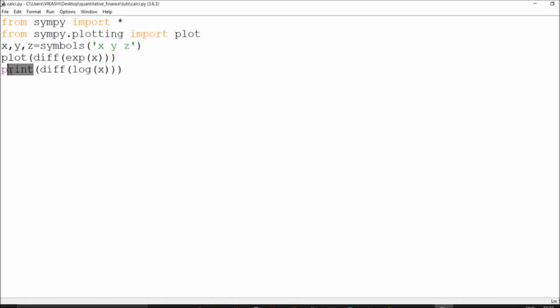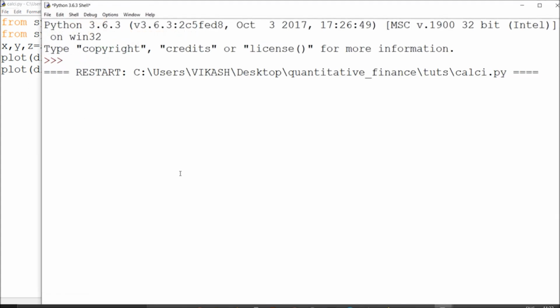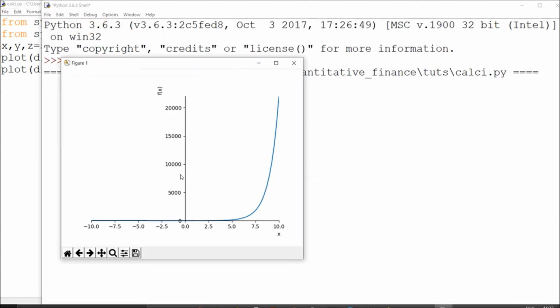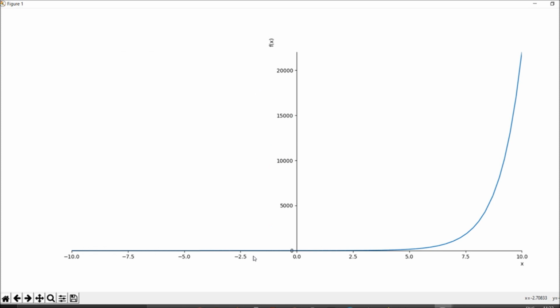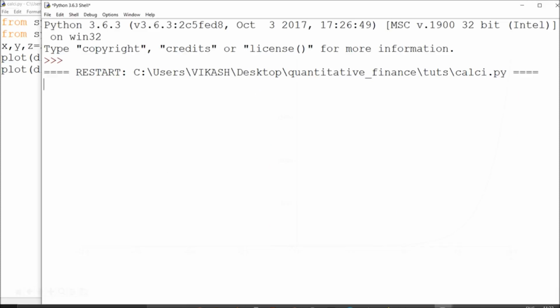So we'll try to plot this log x. Now there is a relationship: the graph of e to the power x exponential is the inverse of our log x.